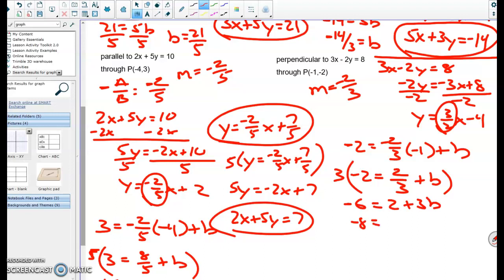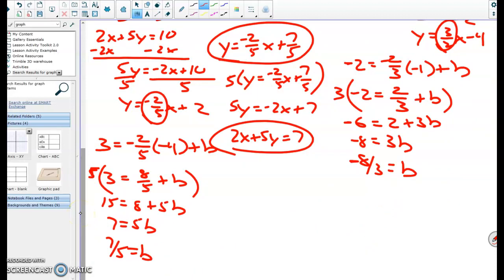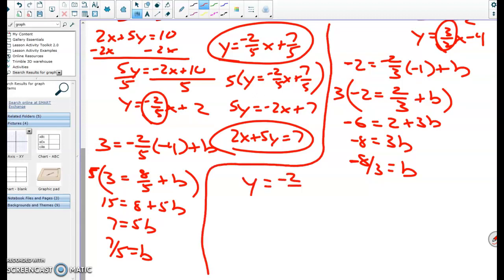We get negative 8 equals 3b. And my b is negative 8/3. Now my equation of my line here, and let me try and keep these all separate, is y equals negative 2/3 x minus 8/3. That's the equation of my line.